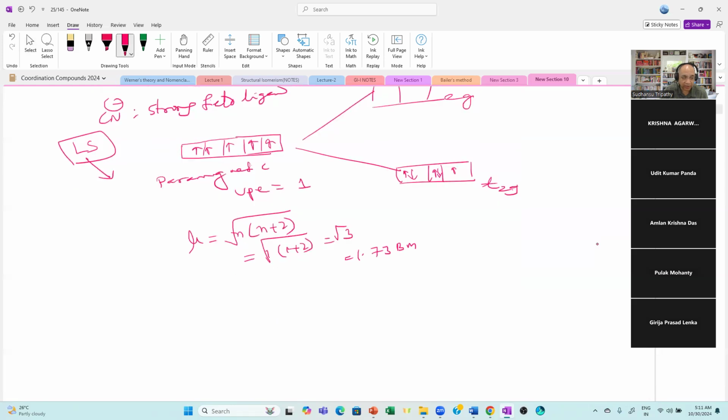CFSE, you calculate CFSE. First, this is the total energy of the ligand field and the energy of the isotropic field.